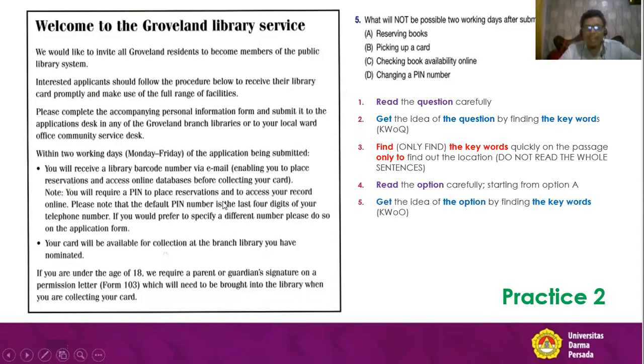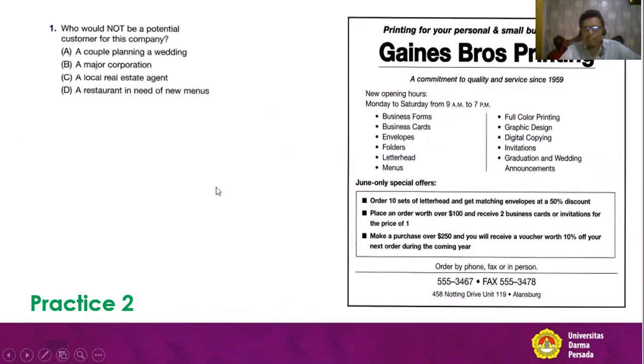Before we have the last discussion, this is the last discussion. I give you the question: who would not be a potential customer for this company? The keyword is potential customer. In this TOEIC, everybody finds out that TOEIC is totally different from TOEFL.